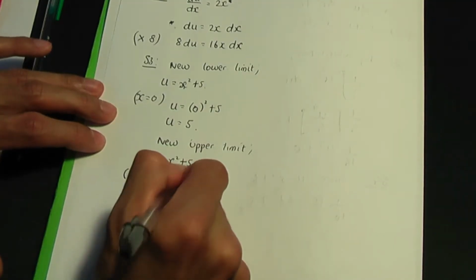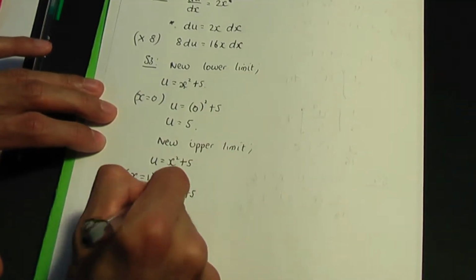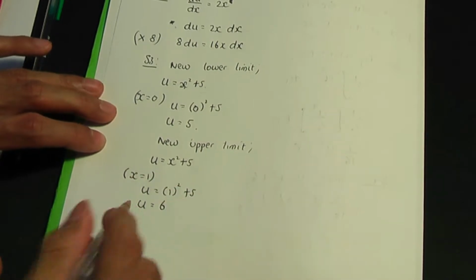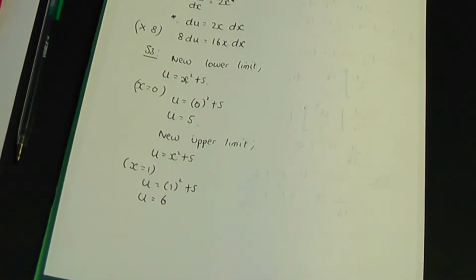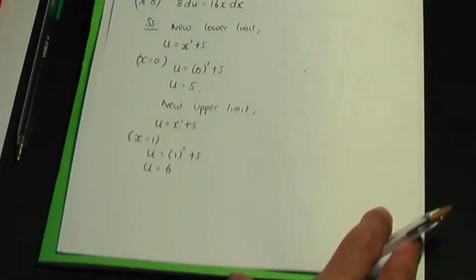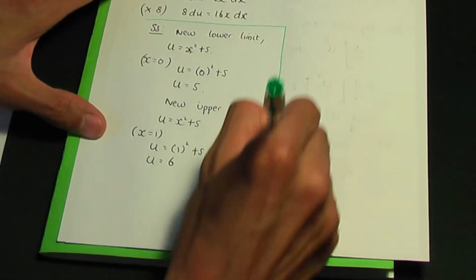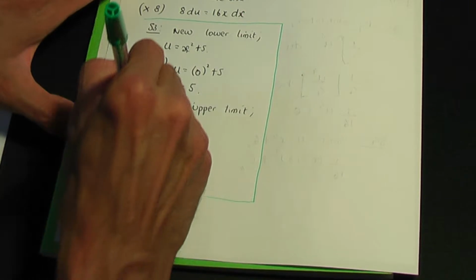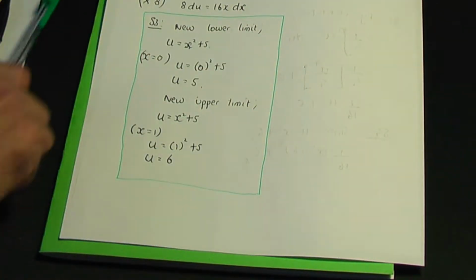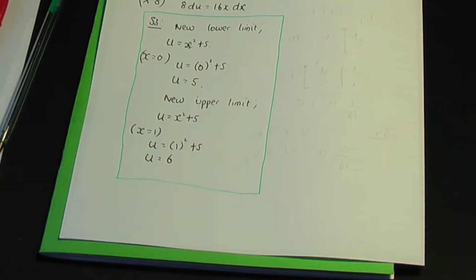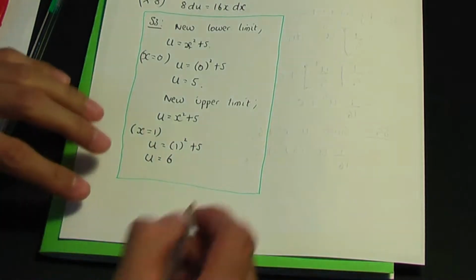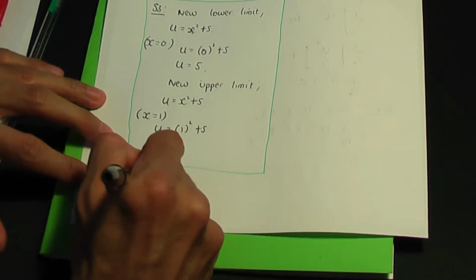So x is 1 squared plus 5, and 1 squared plus 5, as you know, is 6. Okay? So this is the extra step that you need to do when working out an integral with limits using substitution.